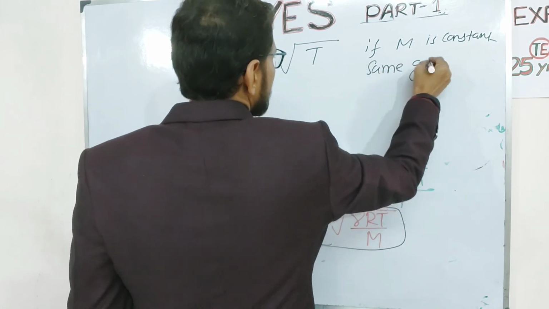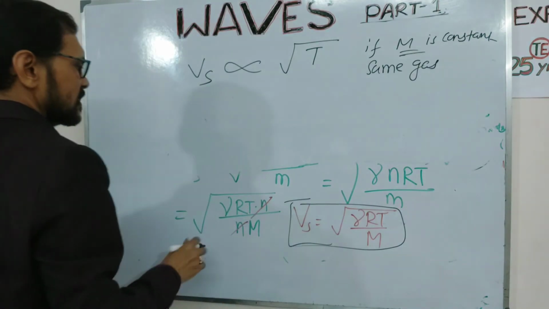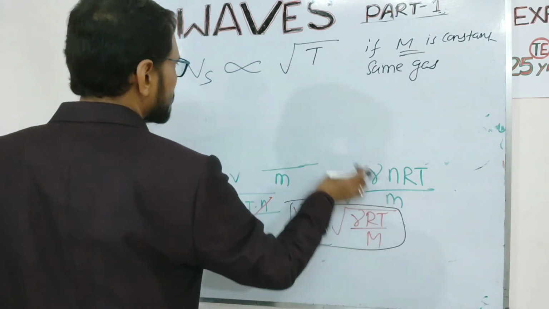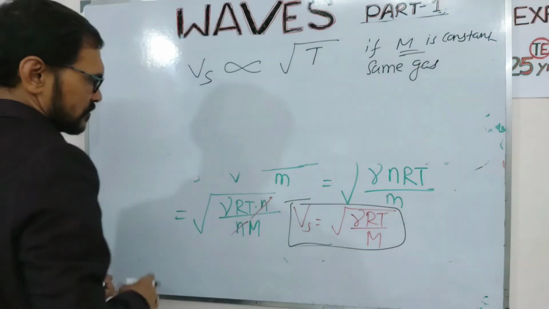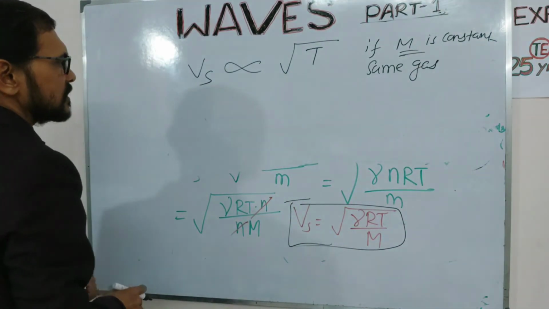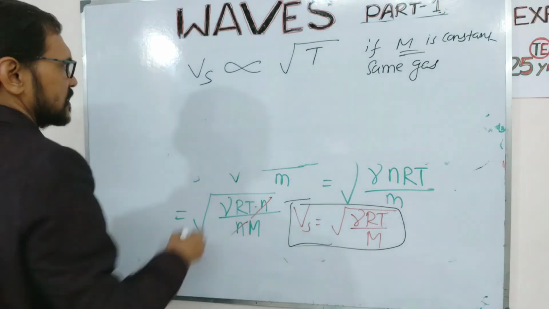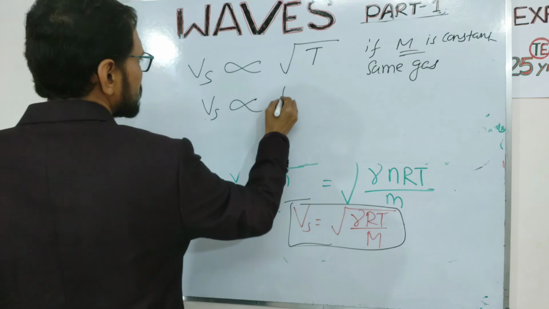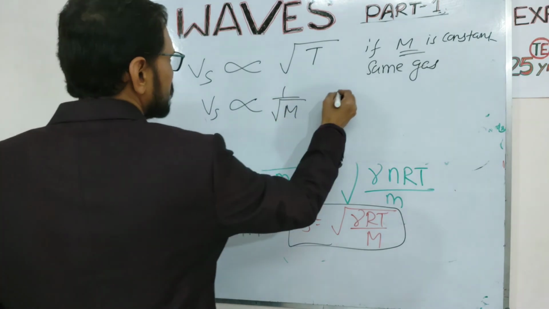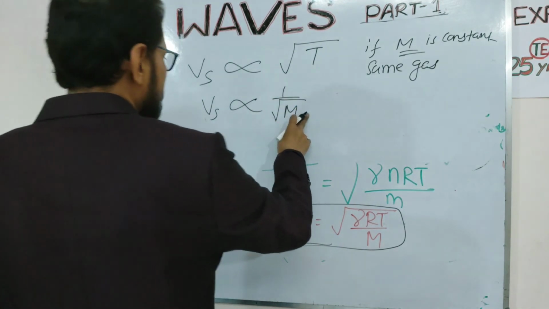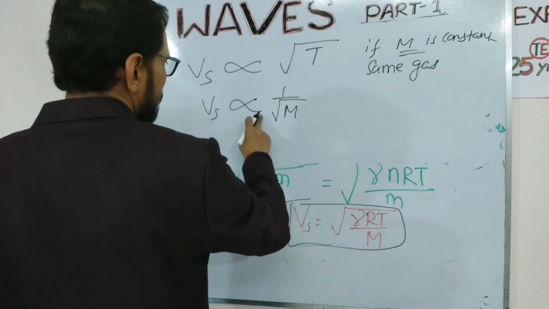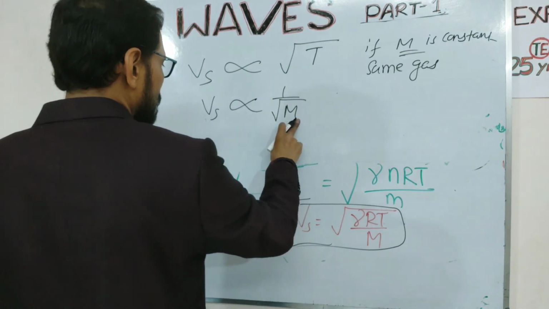For the same gas at two different temperatures, velocity of sound will be different. And also velocity of sound is inversely proportional to root over M. So for two gases at the same temperature, velocity of sound is inversely proportional to square root of molecular weight.